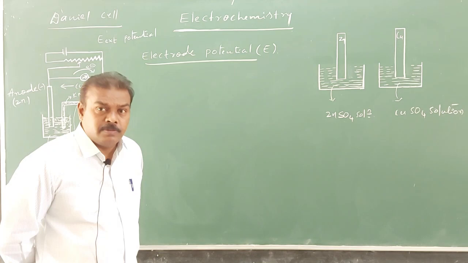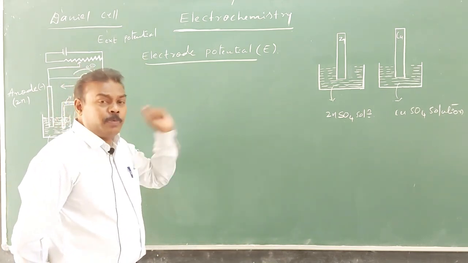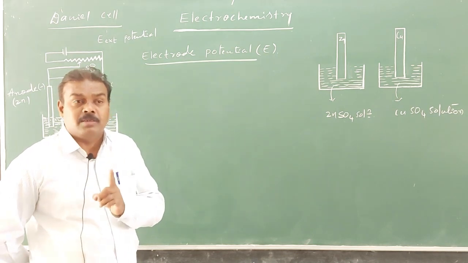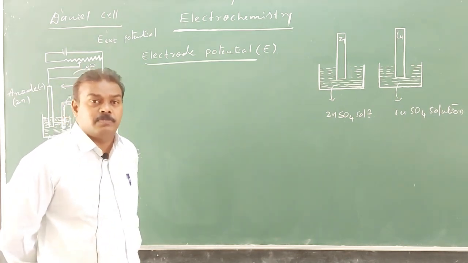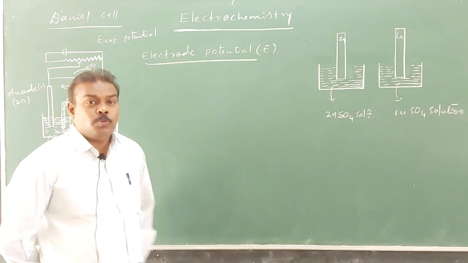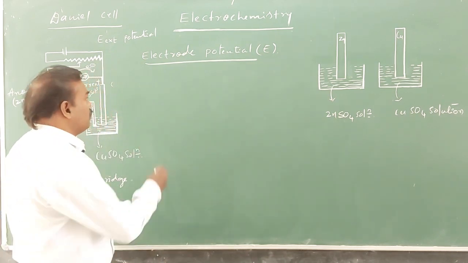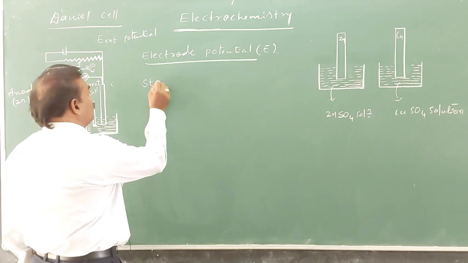Electrode potential means the potential developed when the metal is in equilibrium with the solution of its own ions. There will be one more term, the standard electrode potential.